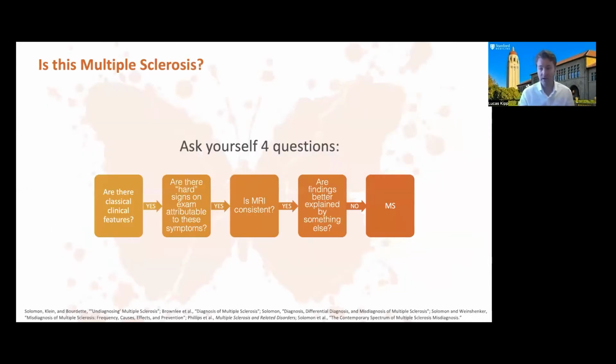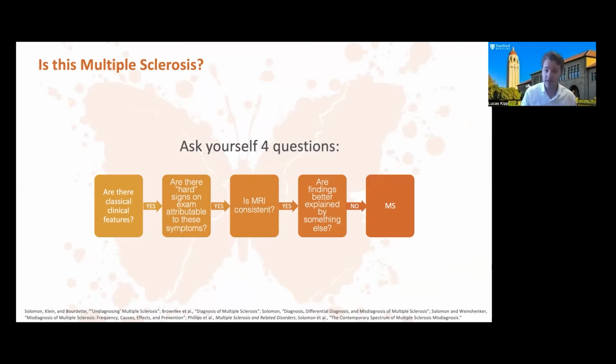And so these are kind of the steps that I'd encourage you to use if someone comes in to your clinic that has some neurologic symptoms. Ask yourself, is this a classic clinical presentation or a clinical syndrome that we know is related to multiple sclerosis? So something like optic neuritis, transverse myelitis, that follows that typical time course.